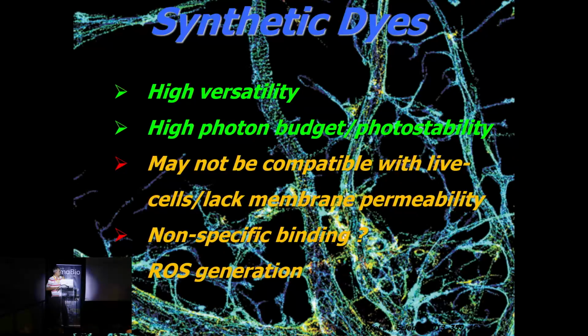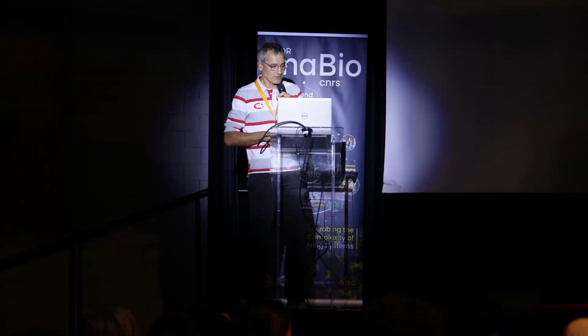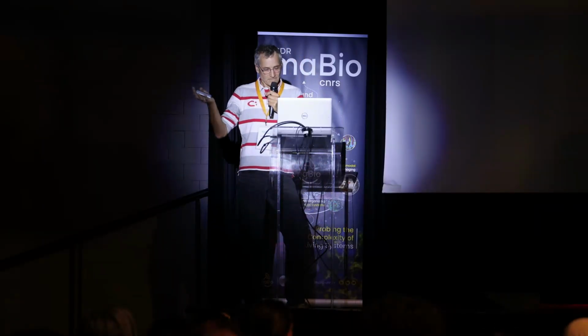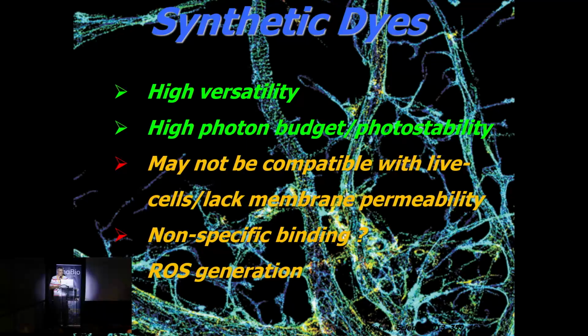However, most of the dyes still today are not necessarily fully compatible with live cells, in the sense that they do not necessarily cross membranes so easily. So they're mostly used in fixed conditions, followed by permeabilization.